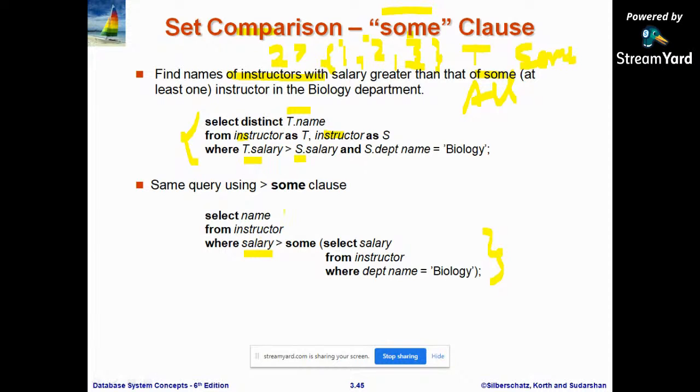Both of the queries are doing the same thing. Look at this: the second part of the query is extracted first. It gives you all the salaries from the biology department, and then it checks if this entry is greater than at least one of the entries in this set, then it will give you the output.